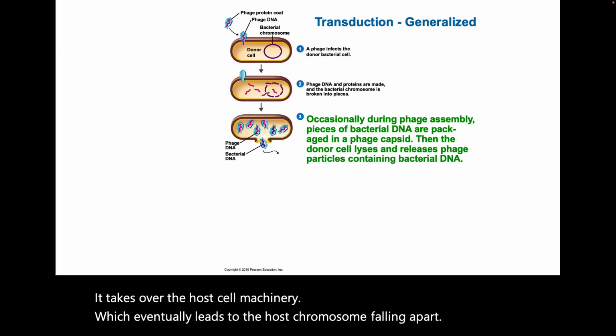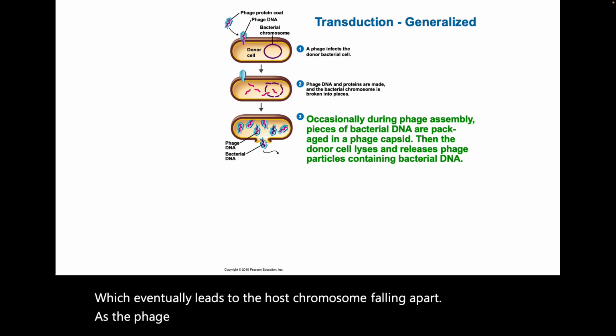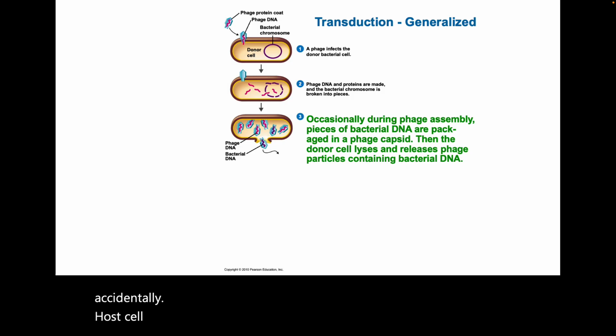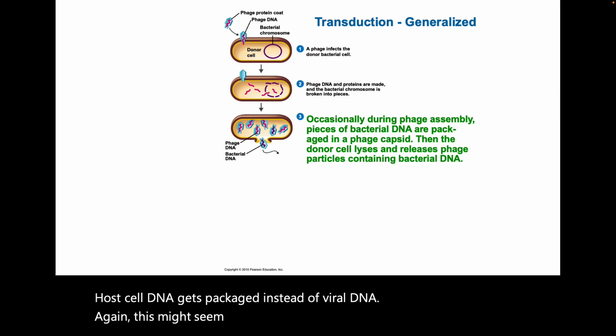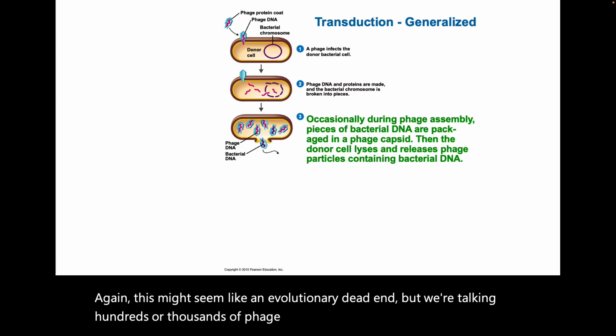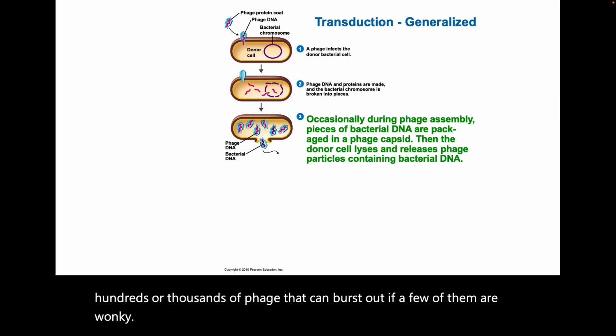As the phage are being assembled inside the host cell, sometimes accidentally, host cell DNA gets packaged instead of viral DNA. Again, this might seem like an evolutionary dead end, but we're talking hundreds or thousands of phage that can burst out. If a few of them are wonky, you can still cause a really great infection.